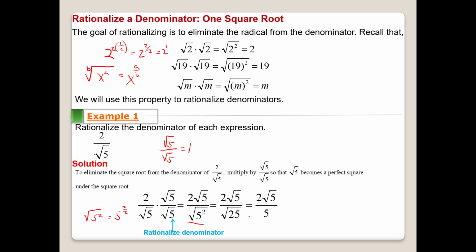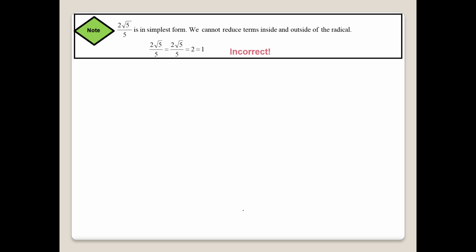So you can't simplify 2 times the square root of 5 any further, and in the denominator you take the square root of 25, which equals 5.